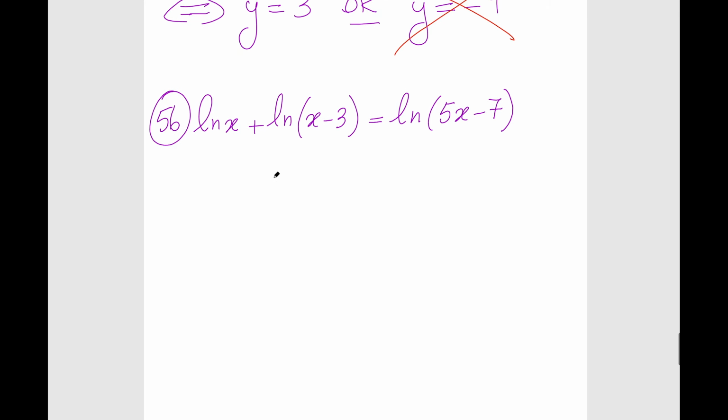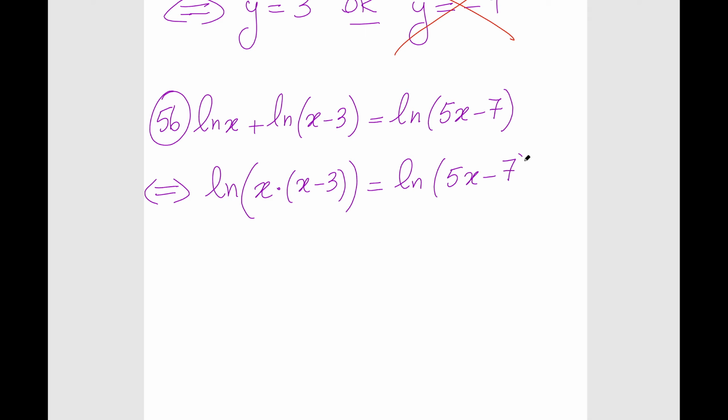All right, so how about condensing these two guys? We get ln of, this is the sum of ln's, sum of the logs. So this is the log of that common base of x times x minus 3. Again, these are properties. One of the properties that we developed in the previous section is equal to ln of 5x minus 7, right? Okay.